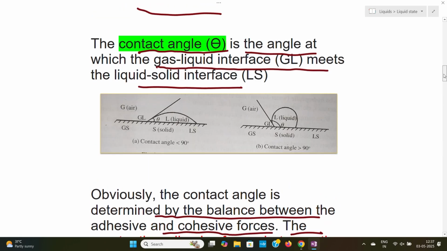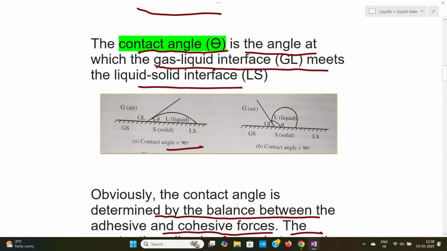Here we have a contact angle theta, the angle between the gas-liquid interface and the liquid-solid interface. Here the contact angle is less than 90 degrees. That means water spreads on the solid surface. Here the strength of the adhesive forces between the water molecules and the solid surface is higher than that of the cohesive forces within the water molecules.